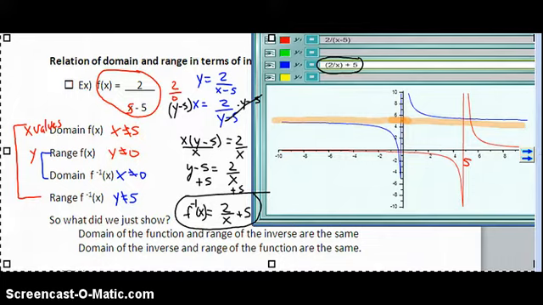So based upon this example, we can show that the domain of the function and the range of the inverse are the same. We've just shown that here. And the domain of the inverse and the range of the function are the same. So that would be showing this portion. And that's going to be a common trait that you're going to notice with the graph of a function and its inverse.